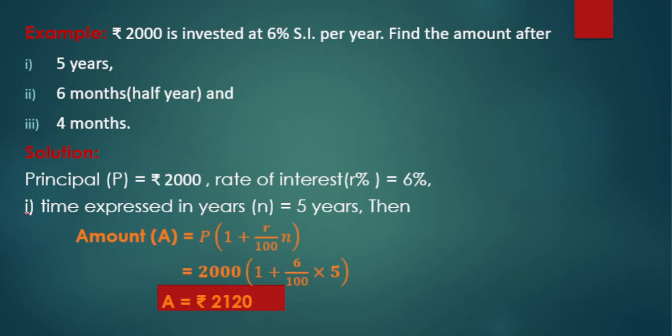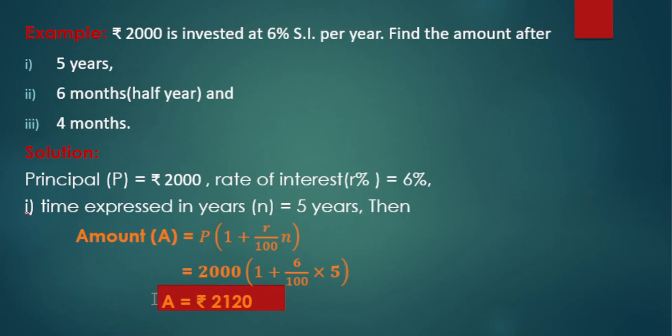But we have to express the time in years only. In the first case, the time is 5 years. So we know that amount A is equal to P into 1 plus R upon 100 into N. Here principal is 2000, rate of interest is 6%, and the number of years is 5.